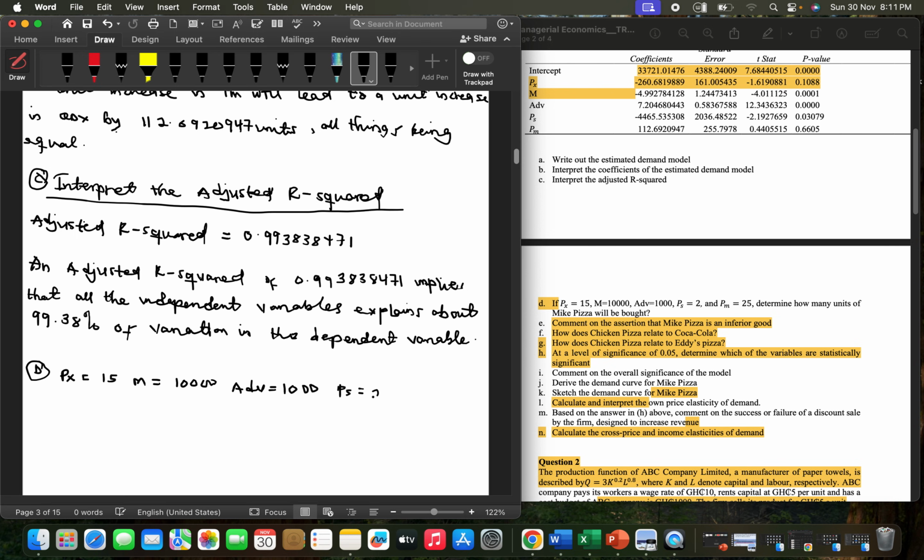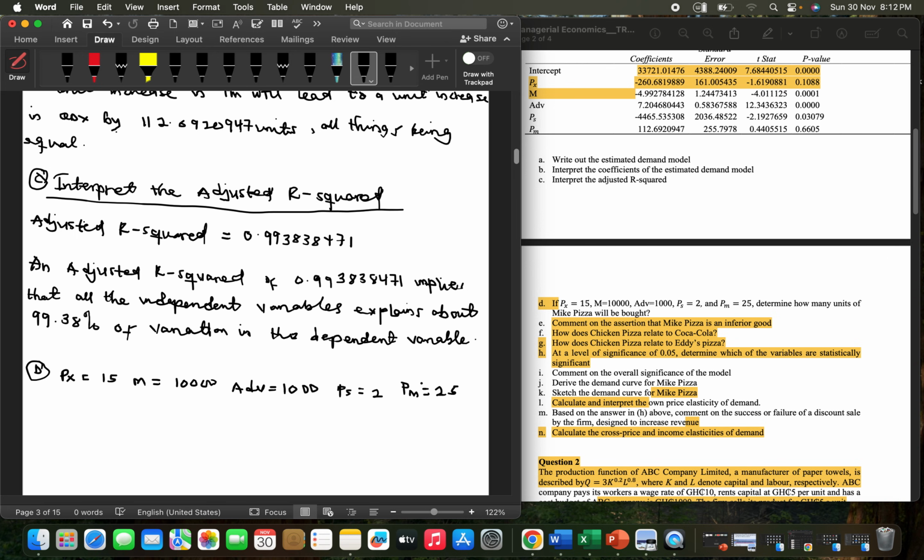If PX is 15, M is 10,000, advert is 1,000 cedis, PS is 2, and PM is 25, determine how many units of Mike pizza will be bought.